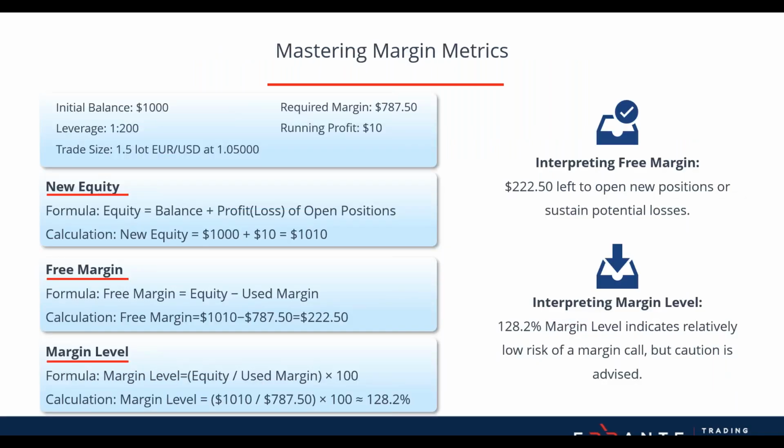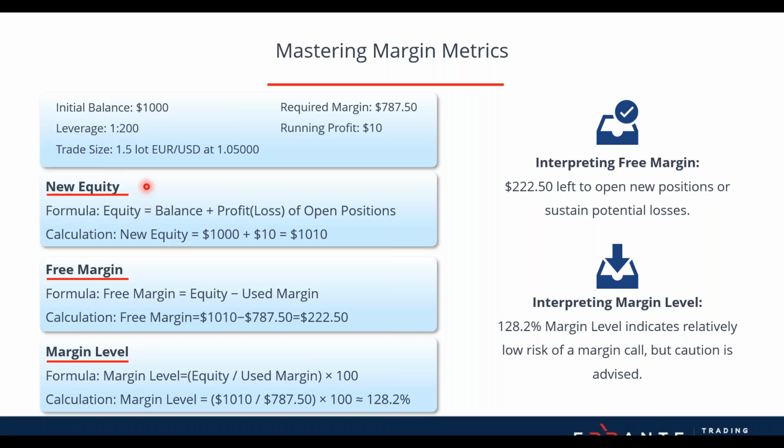We've already laid the groundwork for understanding margin calls and stop out levels. Now let's bring it all together by mastering the metrics of margin. To fully grasp your trading account's health, you need to be comfortable with a few calculations as you see here. Using our previous example with 200 leverage and a 1.5 lot EUR/USD trade, let's consider a running profit of $10.